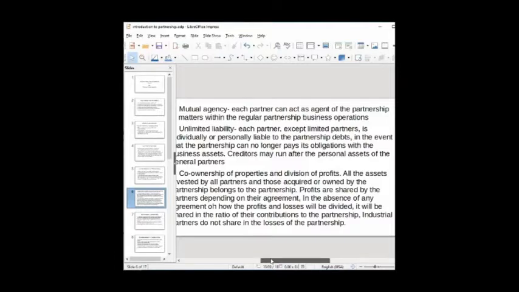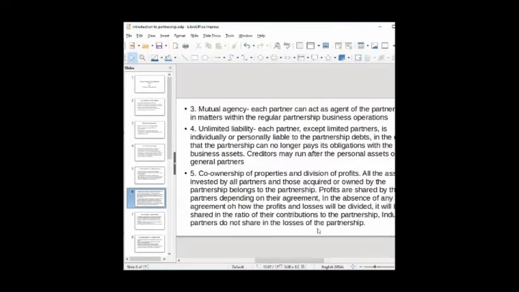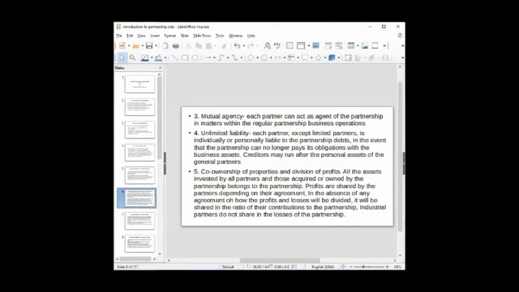Number three, it has a mutual agency. That means each partner can act as an agent of the partnership in matters within the regular partnership business operations. Number four, unlimited liability.